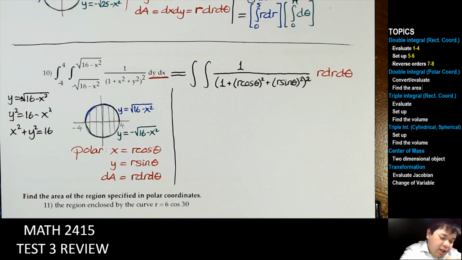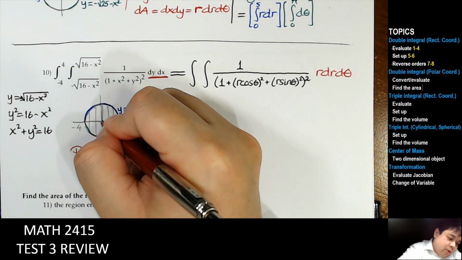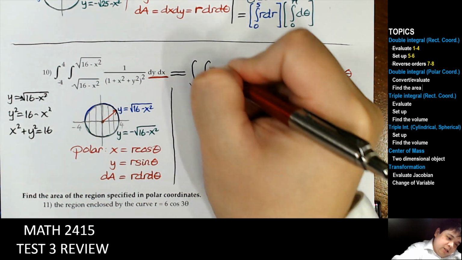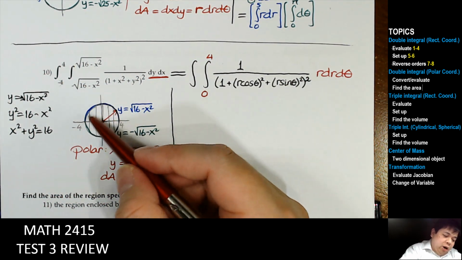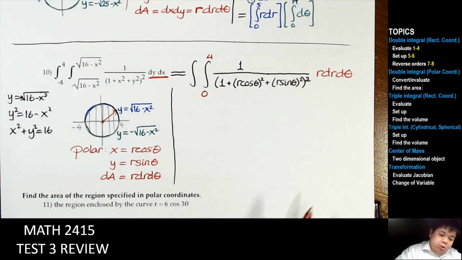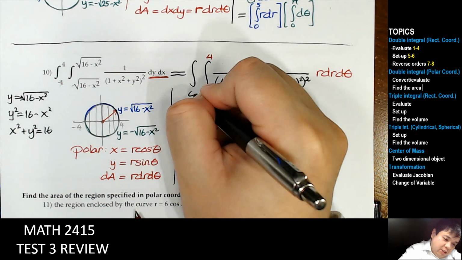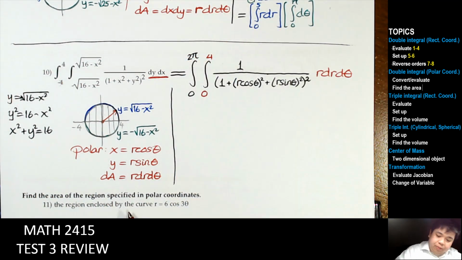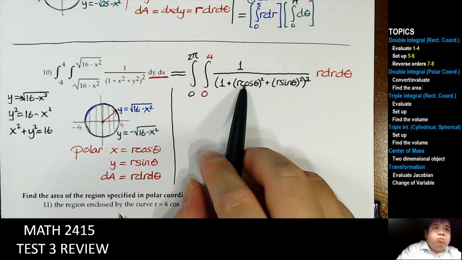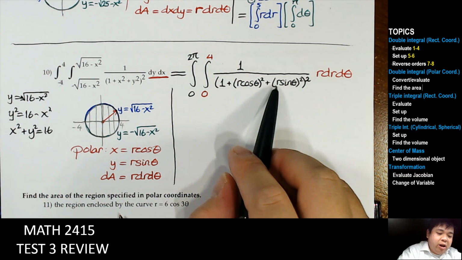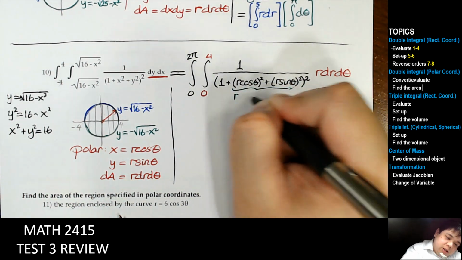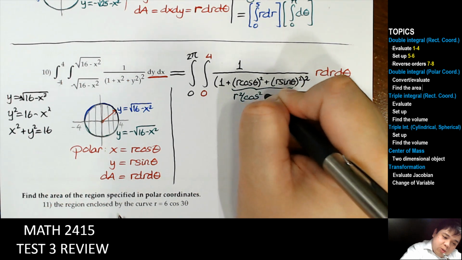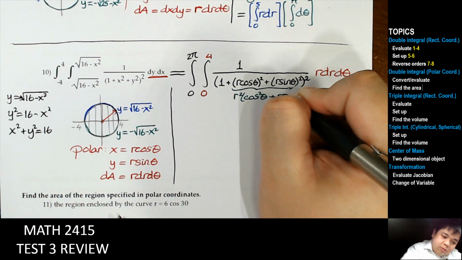And then the limits are the radius from 0 to 4, and theta one complete revolution, meaning 0 to 2 pi. Here we have r cosine squared, so that will be r squared cosine squared plus r squared sine squared.